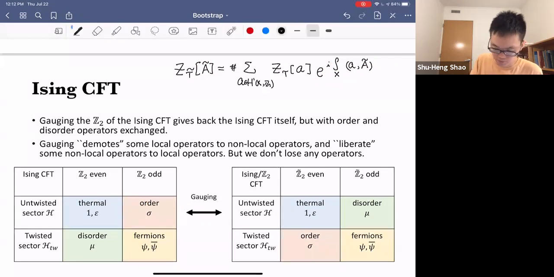Now, why does this make it obvious that gauging twice takes you back? It's because we can just do the sum on the left-hand side.